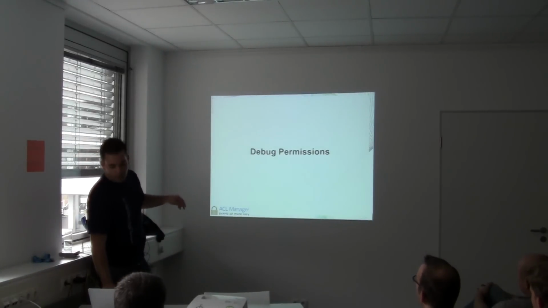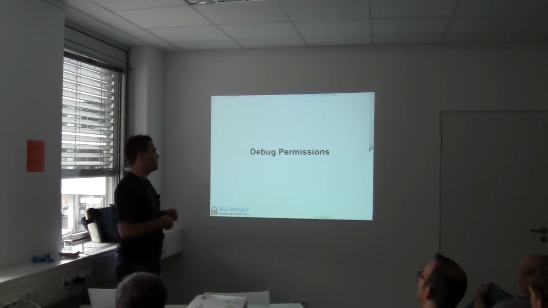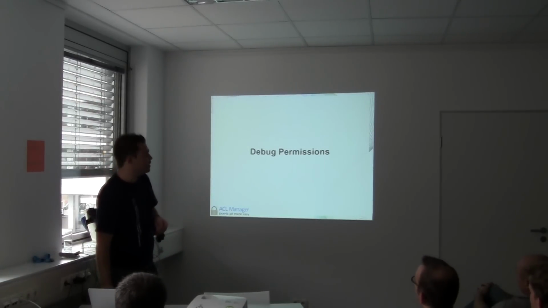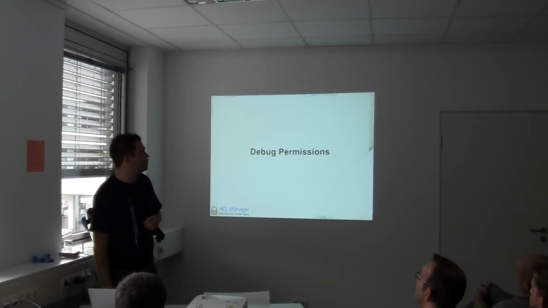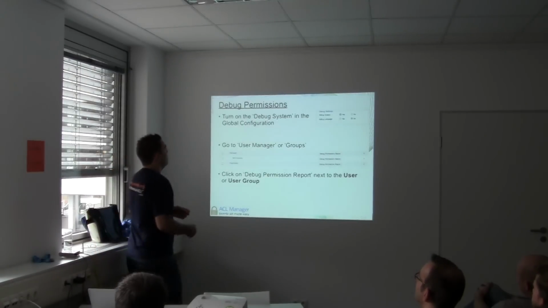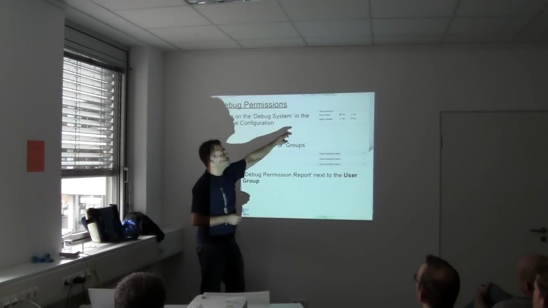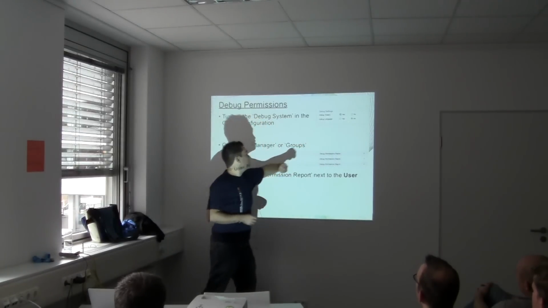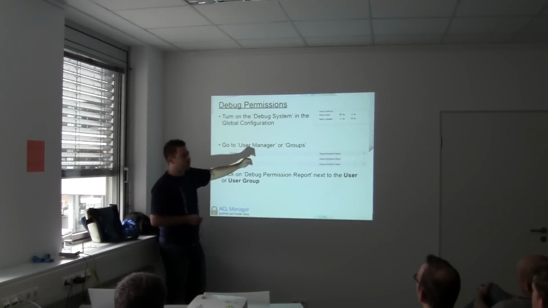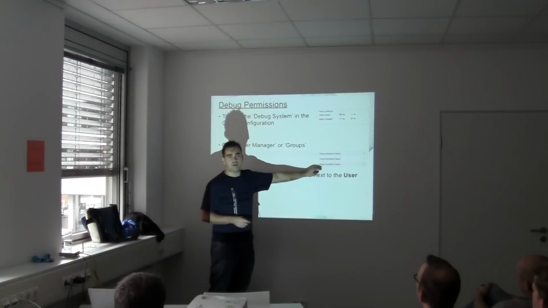In Joomla itself, meanwhile, during the development, they also found, okay, it might be complicated to get an overview. So it's a bit hidden, but there is a kind of debug system as well. When you go to your global configuration, you have the debug system. When you turn that on, and you go to a user manager or group, you will see a button, Debug Permission Report.